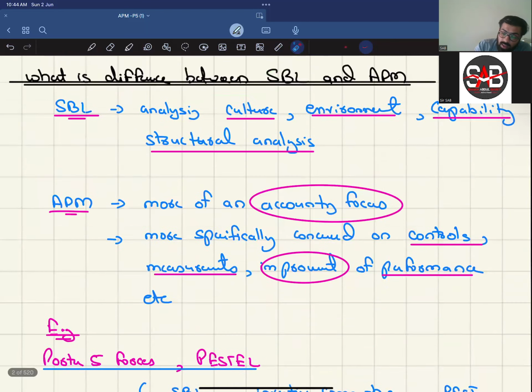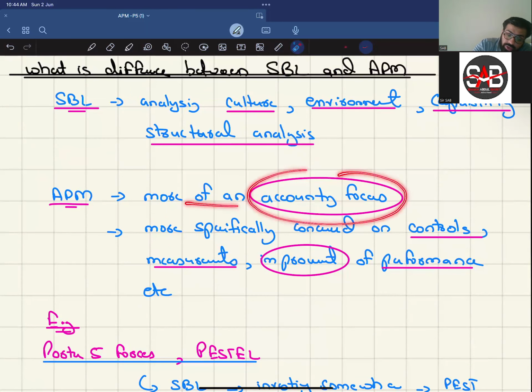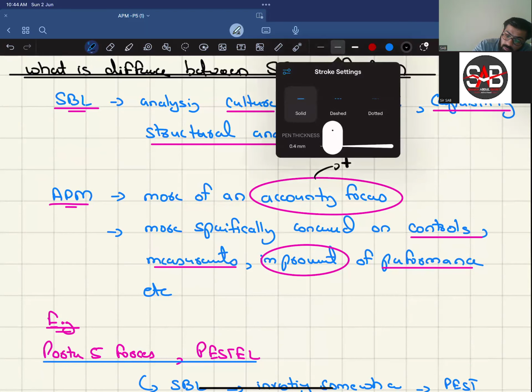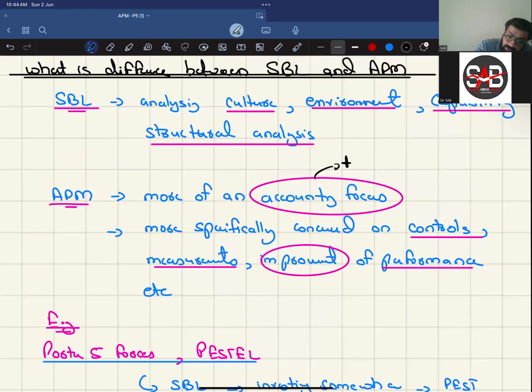But in APM, this is more of an accounting focus. The terminologies that you basically learn here are more of an accounting focus.